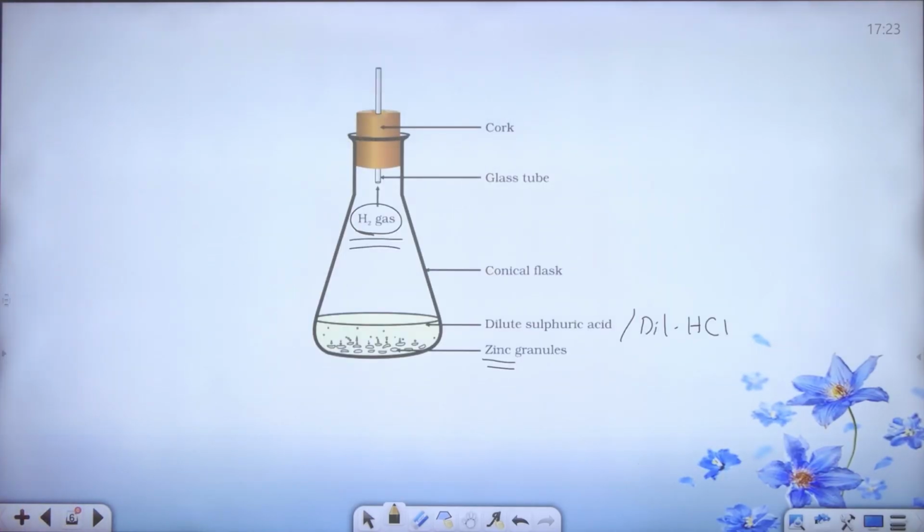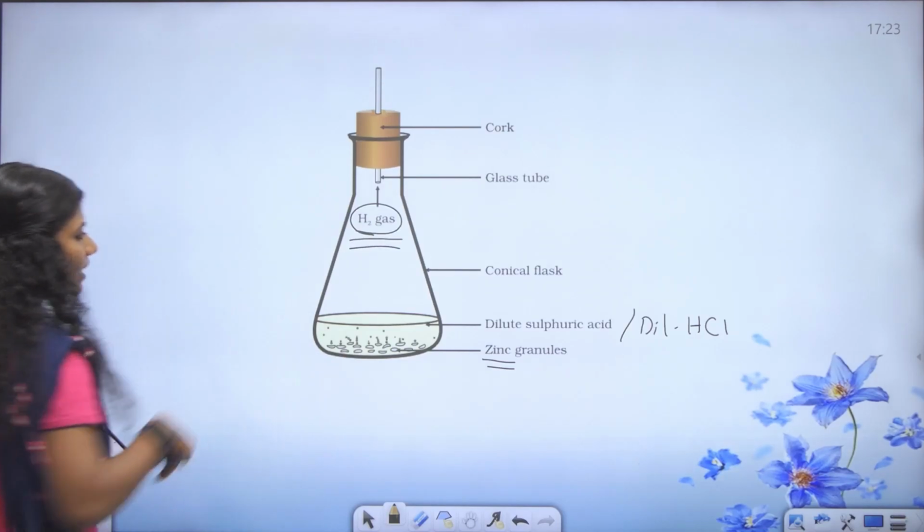Then the last experiment is zinc granules reacting with dilute acid, dilute sulfuric acid or dilute HCl. Zinc is a metal. Metal reacts with dilute acid. Hydrogen gas is evolved. This reaction is exothermic because the bottom portion of the conical flask is very hot.